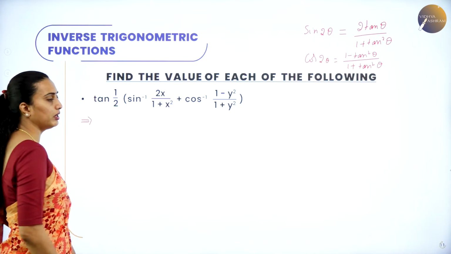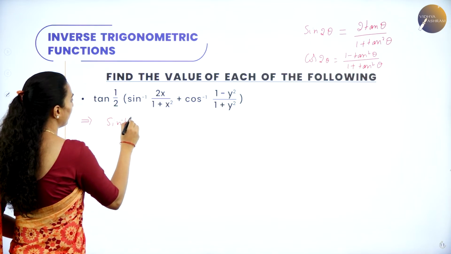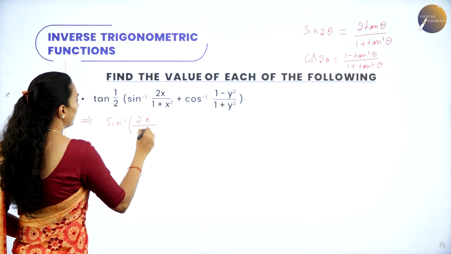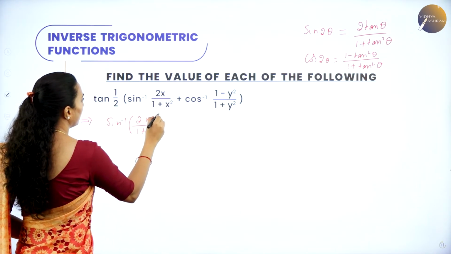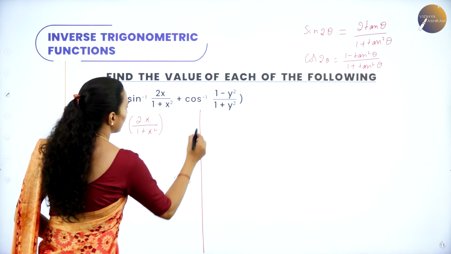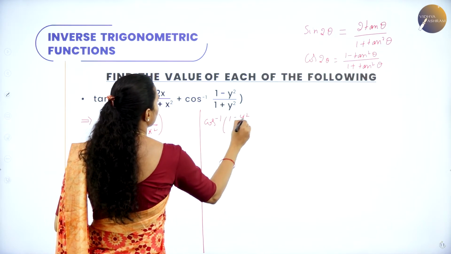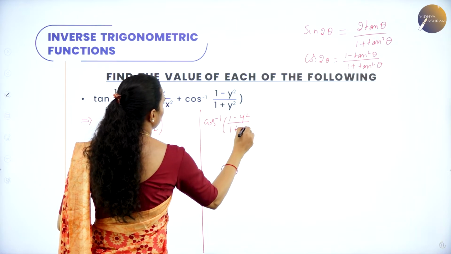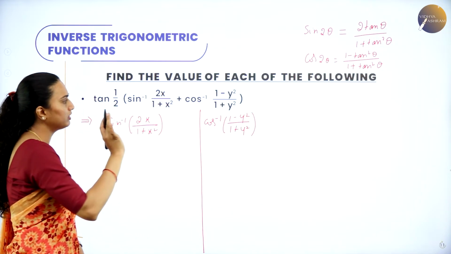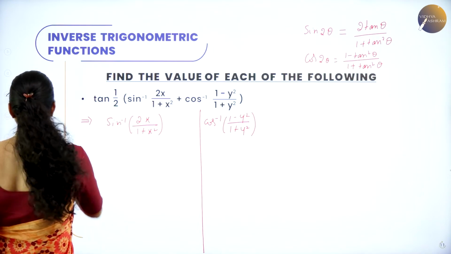Therefore, I can take the inner bracket, sine inverse of 2x divided by 1 plus x squared. And then here I am going to take cos inverse of 1 minus y squared divided by 1 plus y squared. Otherwise, let me make the substitution directly so that you will come to know what the substitution is, instead of doing each.